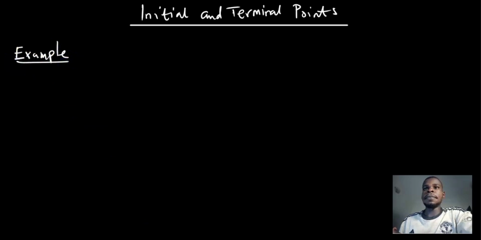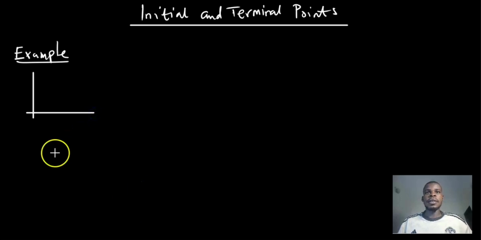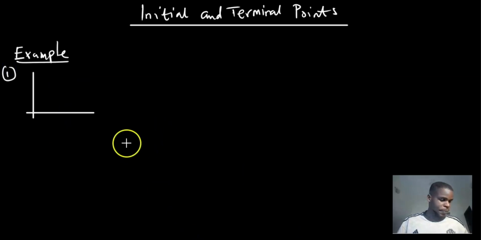For the first example, I'm going to give us the points. They want us to determine the coordinates of the vector. So this is example 1. It starts somewhere and goes up to somewhere.